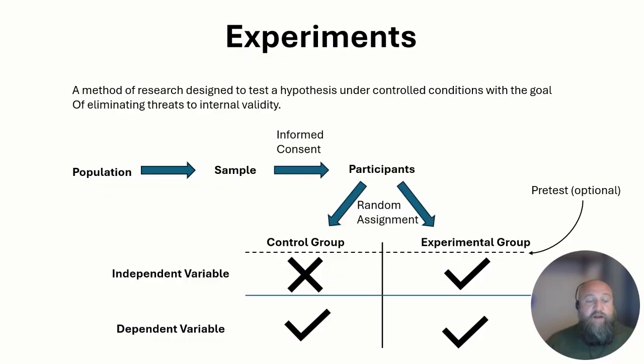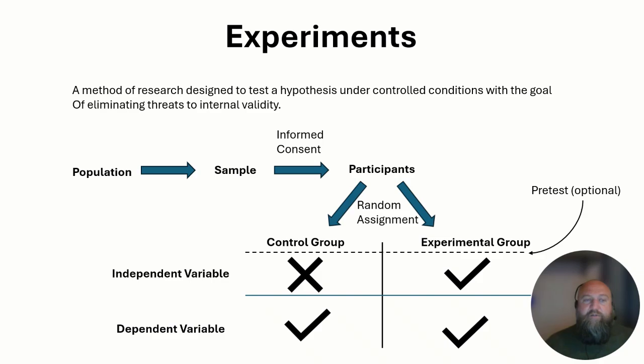All right, folks. So we're going to start by talking about experiments. So an experiment is a method of research designed to test a hypothesis under controlled conditions, key controlled, with the goal of eliminating threats to internal validity. We'll talk again about internal validity towards the end of this lecture.